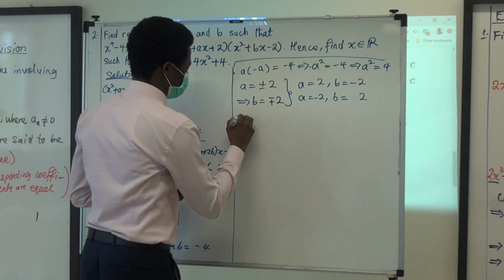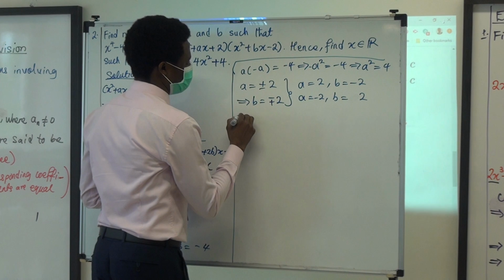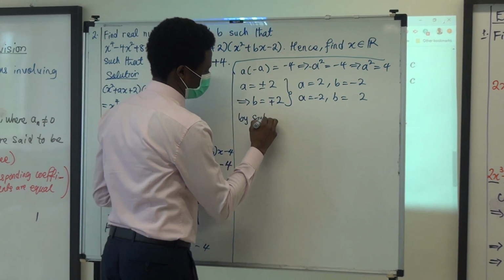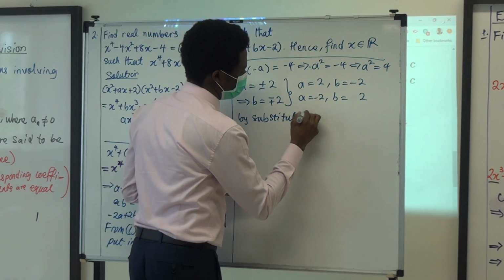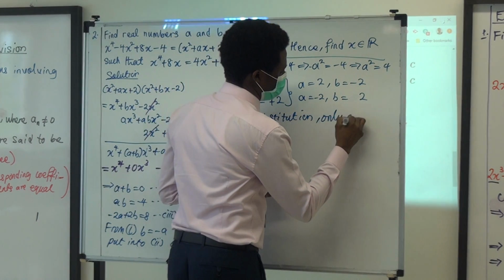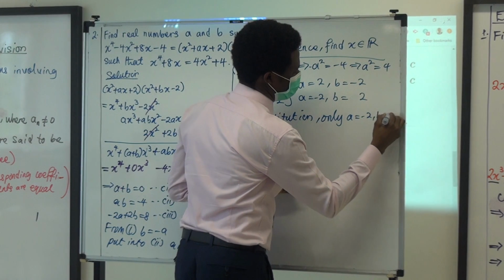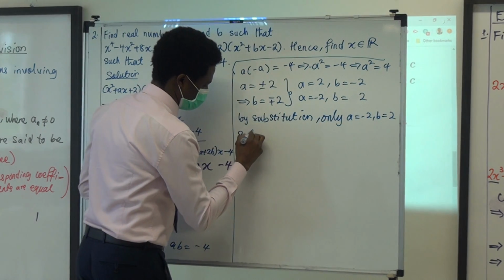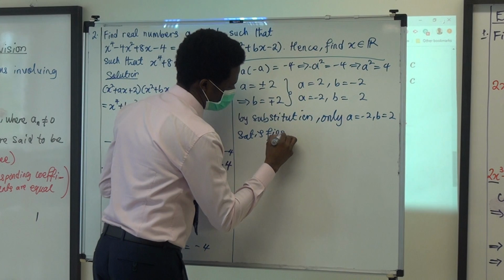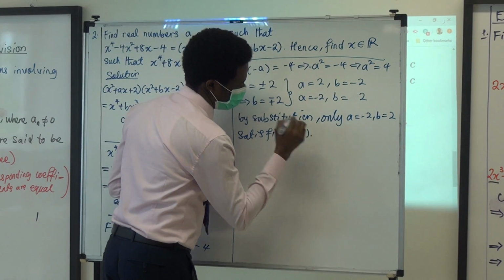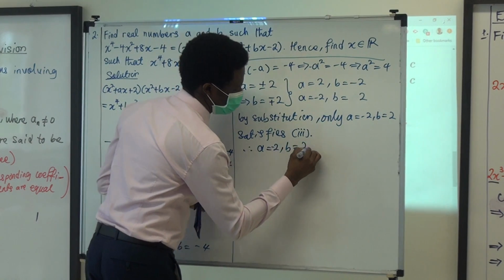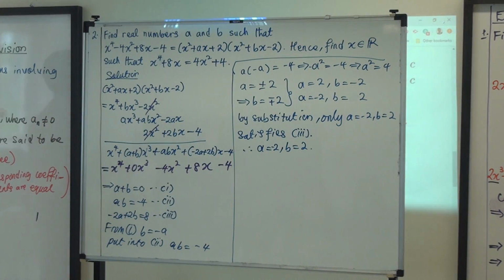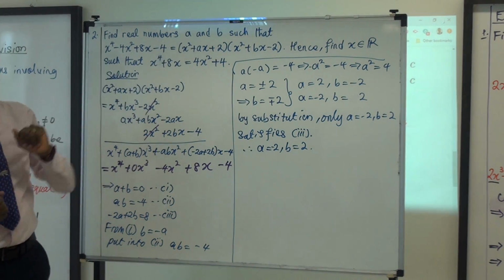So you can say by substitution, or by checking, only a equals negative 2, b is equal to 2 satisfies equation 3. So the values are a is negative 2, b is equal to 2. So those are the values we take. Understood? That's all the first part.